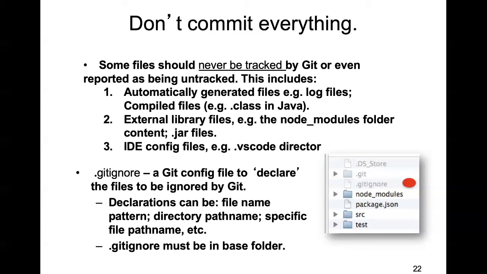So I've made a reference to the node modules one there. That would be the highlight one for any kind of JavaScript related project. On the bottom right there, I'm showing you, in your working directory, this special file called the .gitignore file, that has to be located in the base folder of your project, as you can see there.